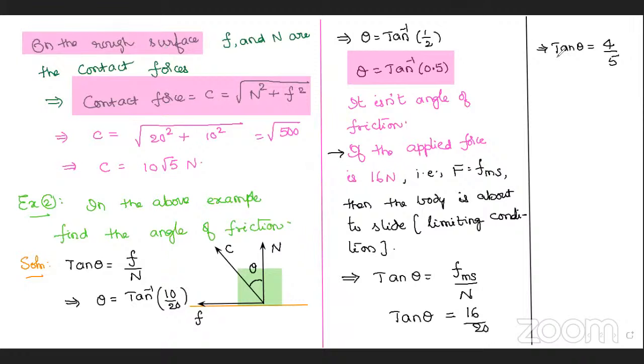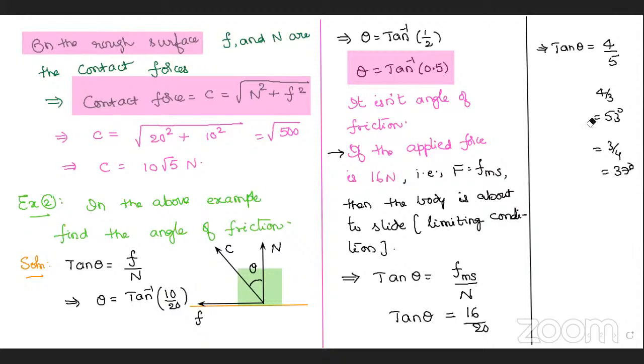Again, you made a mistake here. 3 by 4 is 37. Not even 53. 4 by 3 is 53. If tan theta is 4 by 3, then that is 53. If tan theta is equal to 3 by 4, then theta is equal to 37. It is neither 53 nor 37.